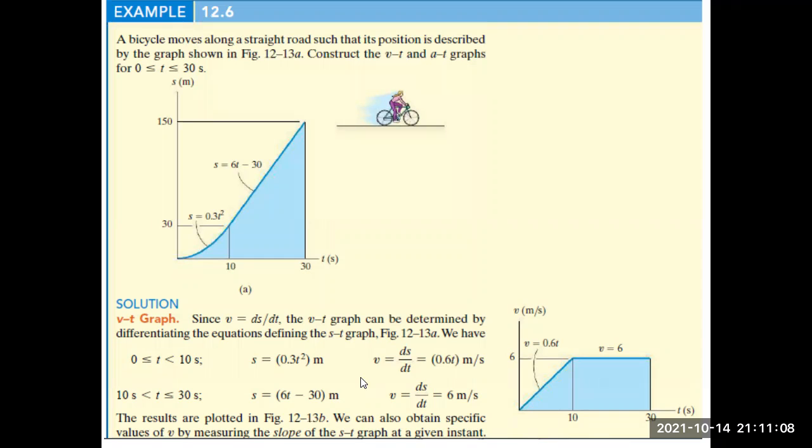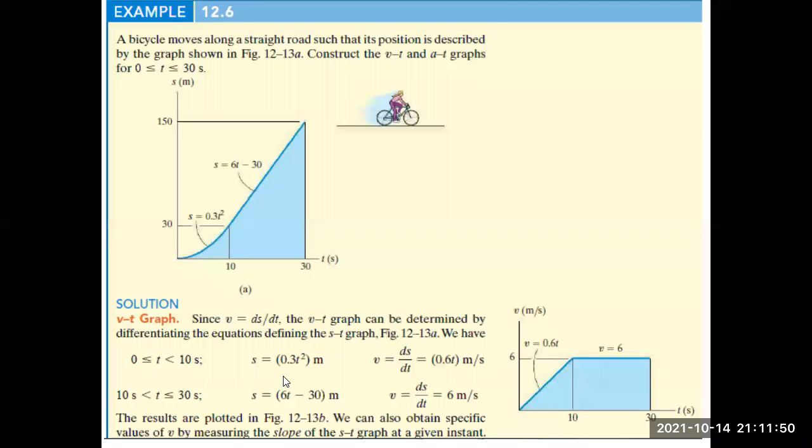So who could explain the concept of what we need to do in order to construct both V versus T and A versus T? What is given, in fact, and what do we need to do? You can raise your hand on Zoom so that I pick you.